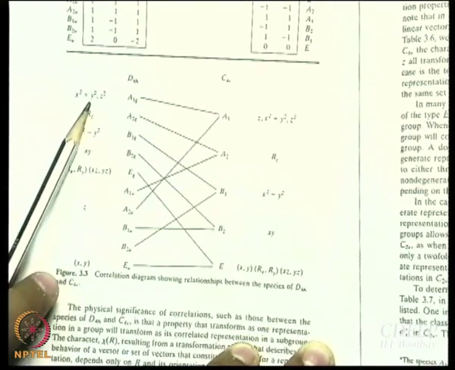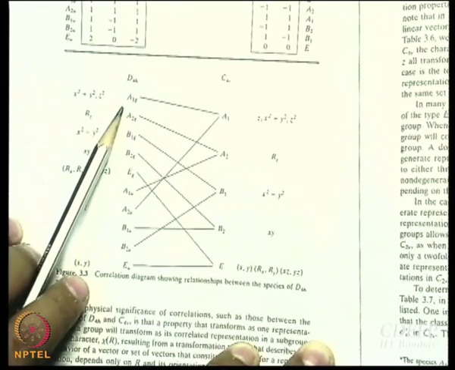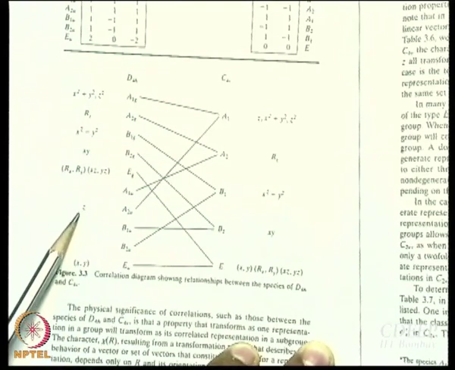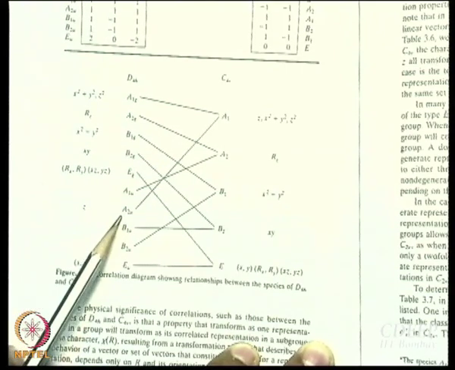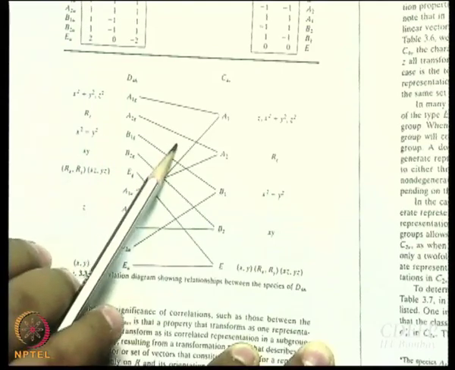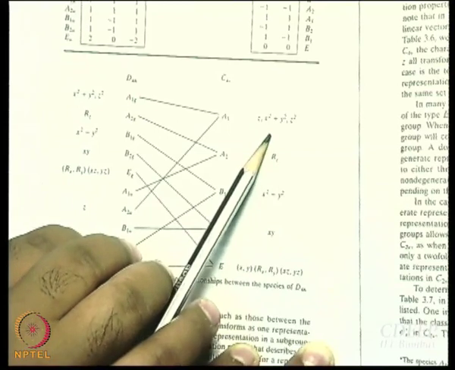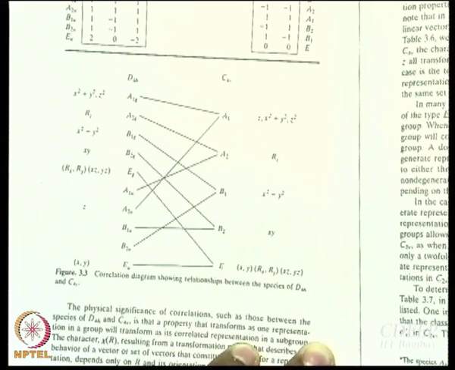X square plus y square and z square were the bases for A1G, and Z was the base for A2U. Since it's a many one correspondence, now Z as well as x square plus y square as well as z square all form bases for A1. Okay?